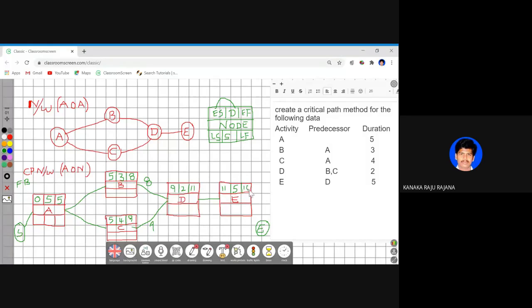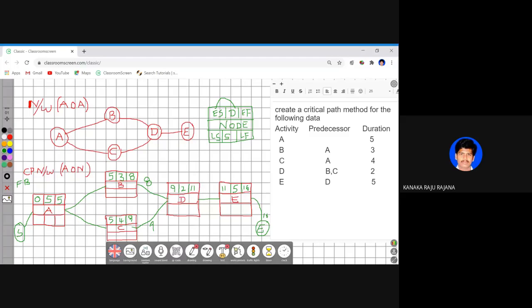Now the most important step you need to remember is here: after fulfilling this entire forward pass, we concluded the end value. What is the end value? 16. So 16 is the end value of your entire project.